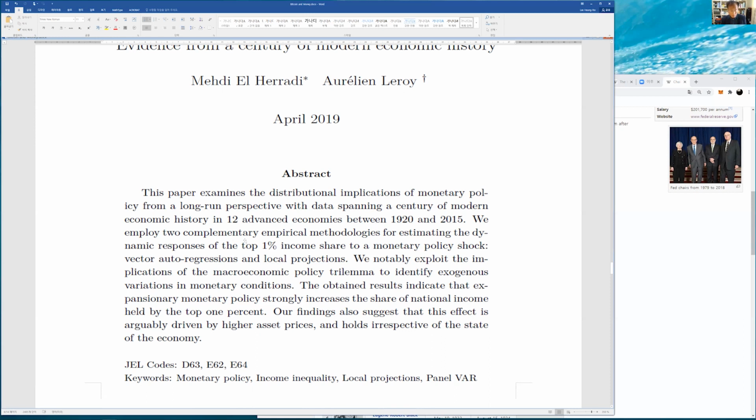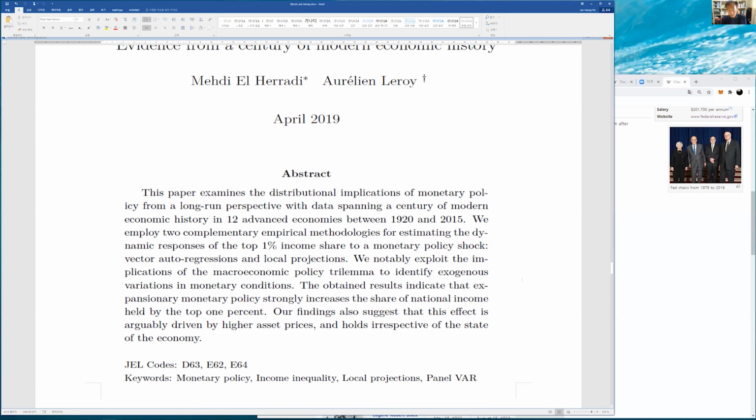We employ two complementary empirical methodologies for estimating dynamic responses of the top 1% income share to a monetary policy shock: vector autoregressions and local projections. So these are the techniques. We notably exploit the implications of the macroeconomic policy trilemma to identify exogenous variations in monetary conditions.